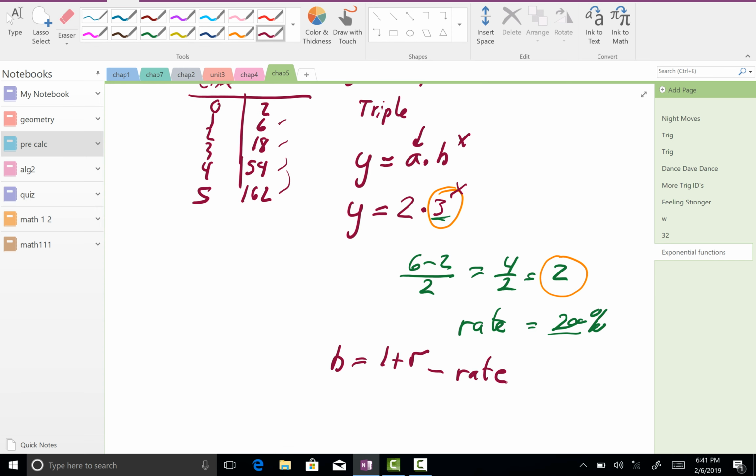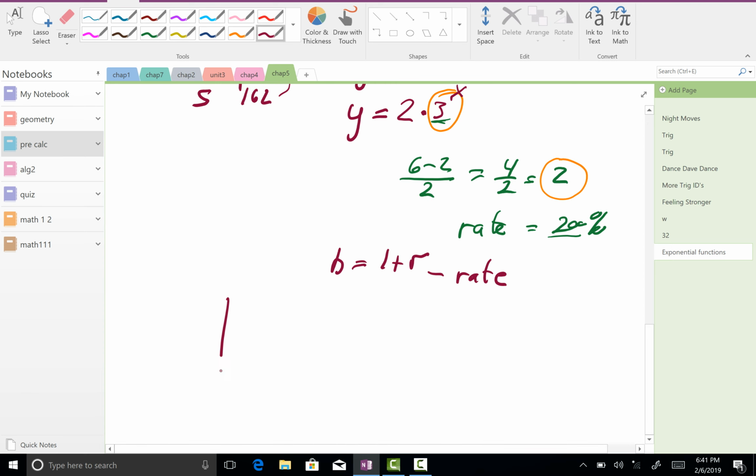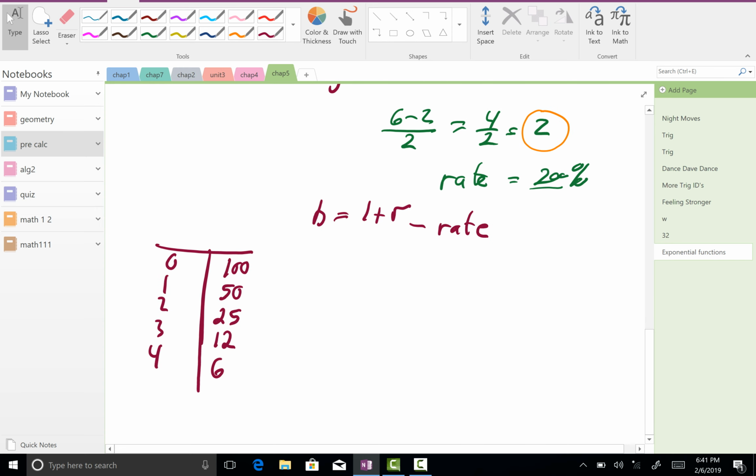Now that same thing holds up for populations that decay. I kind of rounded this one a little bit. Okay, so this one is a decay situation.